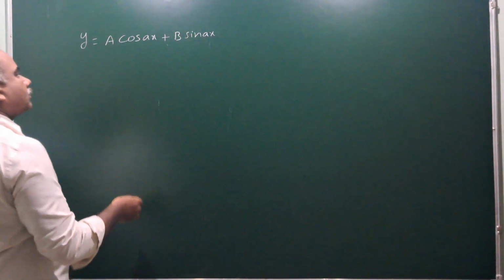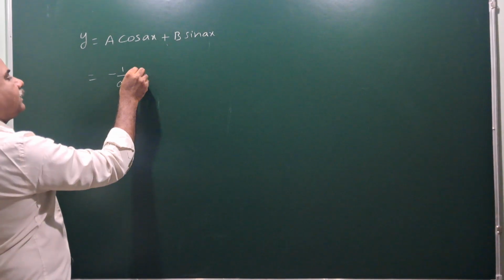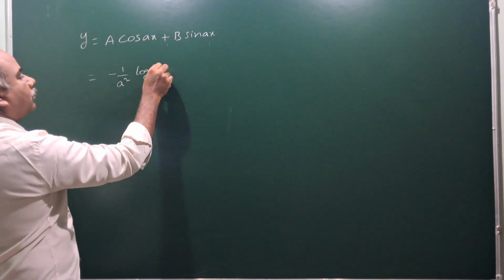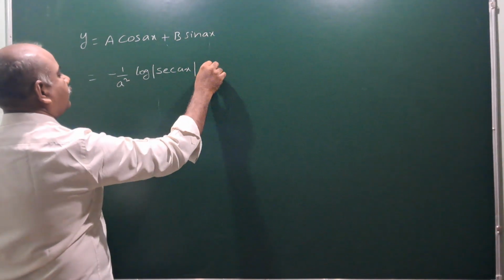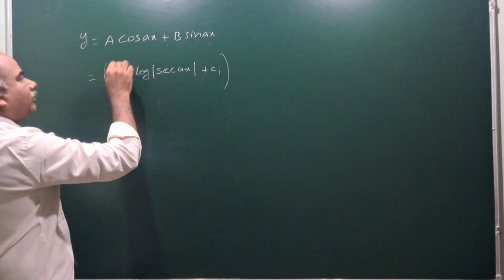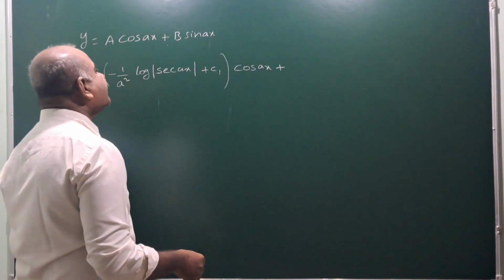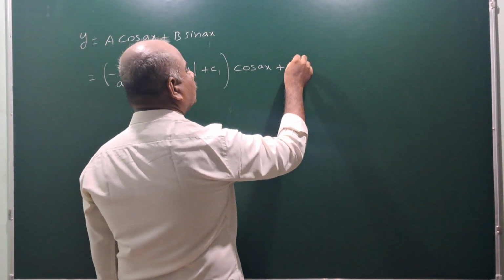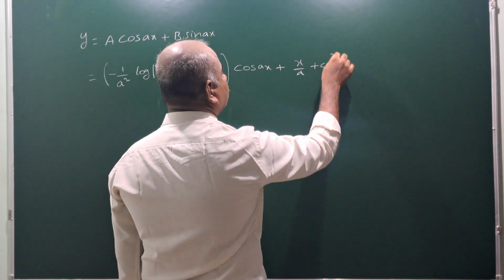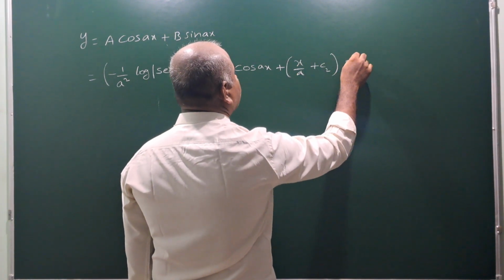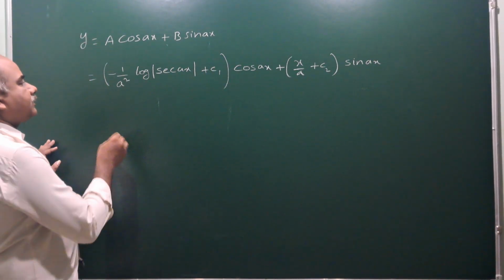The value of A is −(1/a²) log|sec ax| + c1, multiplied by cos ax, plus B, which is x/a + c2, multiplied by sin ax. Now we have to simplify this.